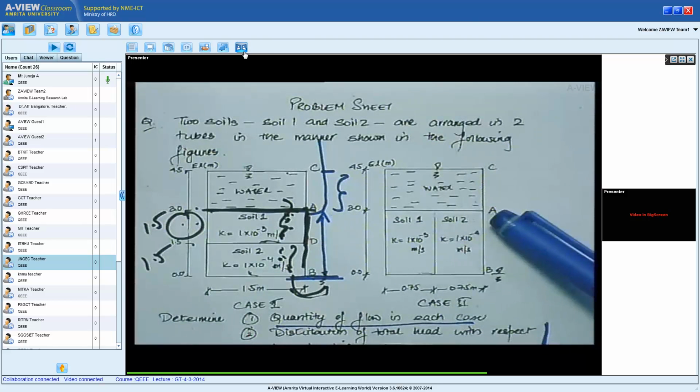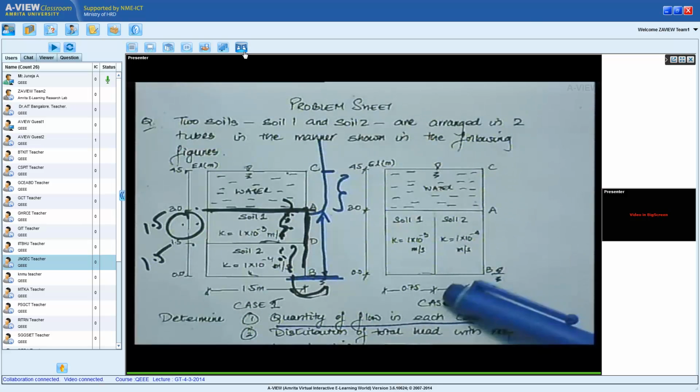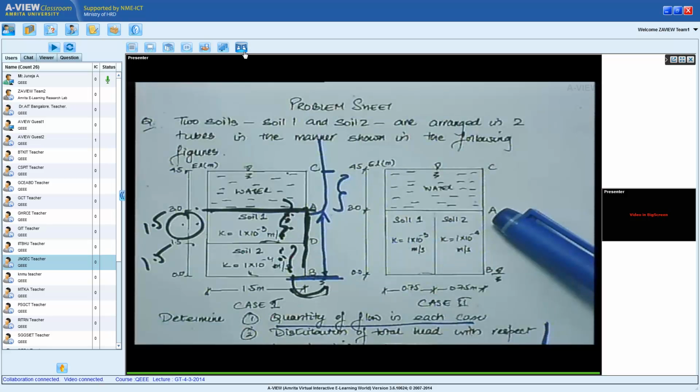However, if I insert a standpipe at A and a standpipe at B, remember the elevation difference between the two water heads in the standpipes is the head loss. The head loss between A and B in this case is the same.